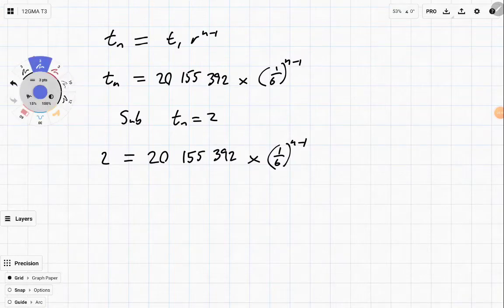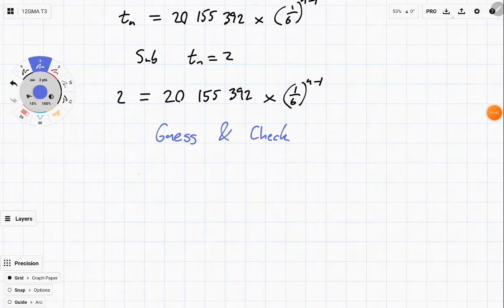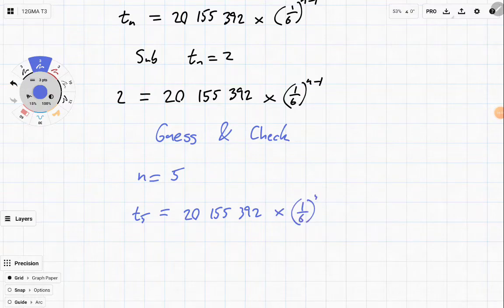Now I'm going to try to be worse at the guess and check method this time so I can show you how it works in practice. For example, the first term I might try is n is equal to 5. Well, this would mean that T5 is 20,155,392 times a sixth to the 5 minus 1, which is equal to 15,552, which is too big, meaning we need to increase n.